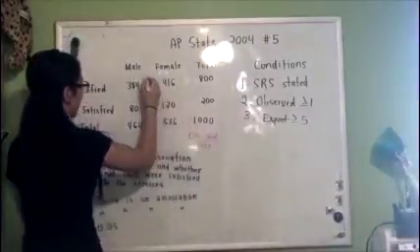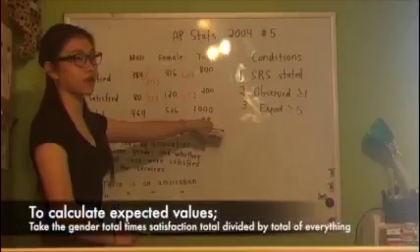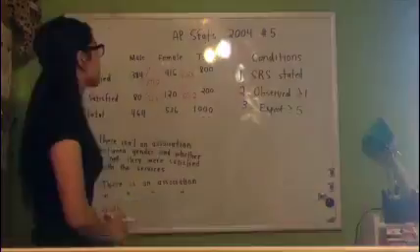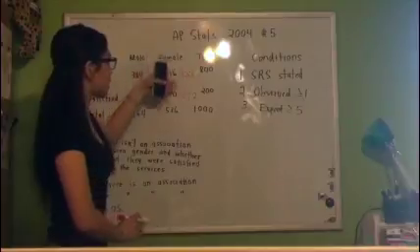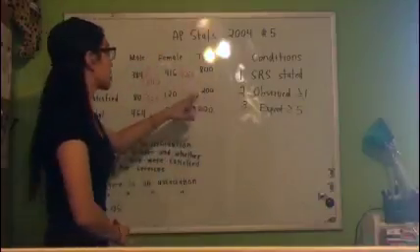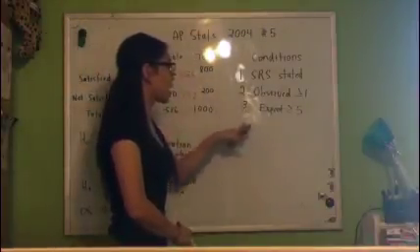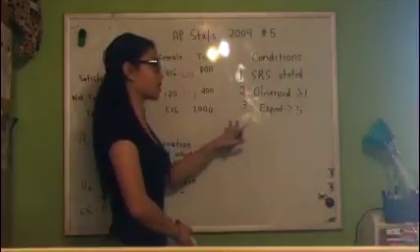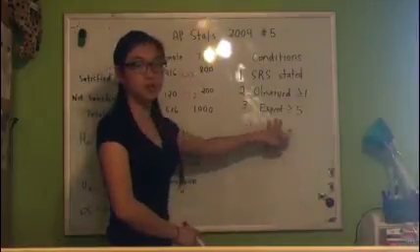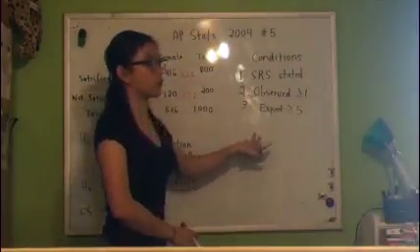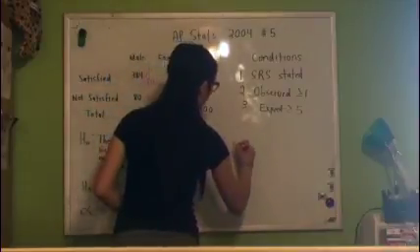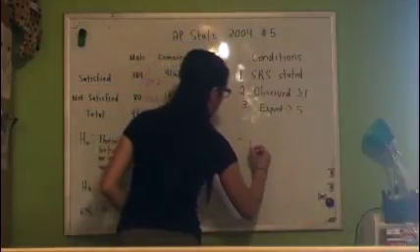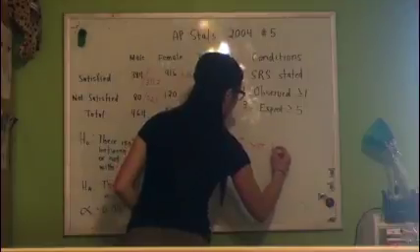And that will be the expected value. So we have our expected values, which are definitely greater than 5. So all conditions have been met, and you would state that since the conditions are met, we can now perform a chi-squared test for independence.